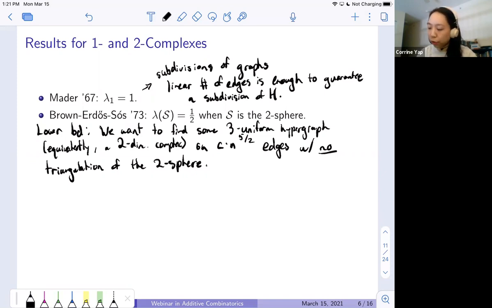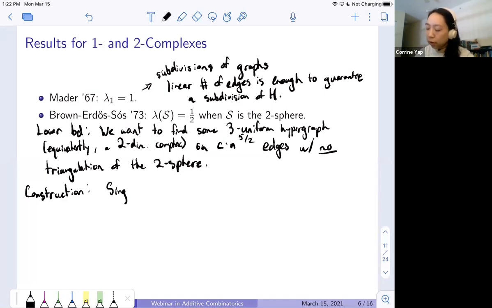And how are we going to construct that hypergraph? For the construction, we're going to use a result from Singer about perfect difference sets.